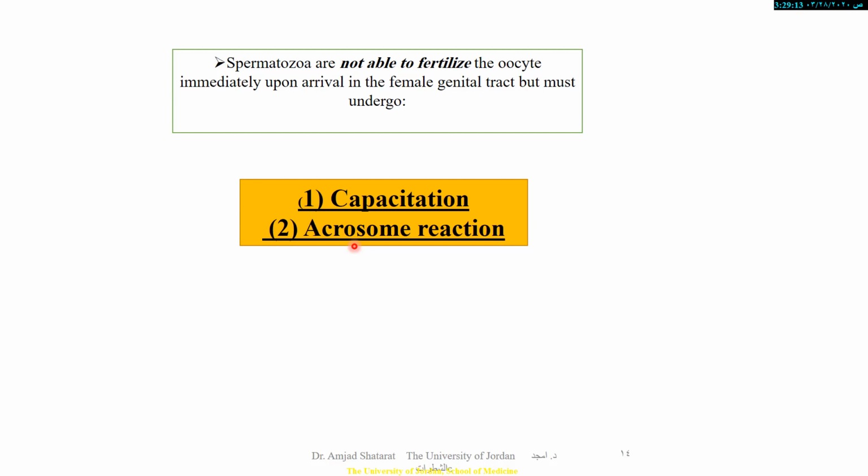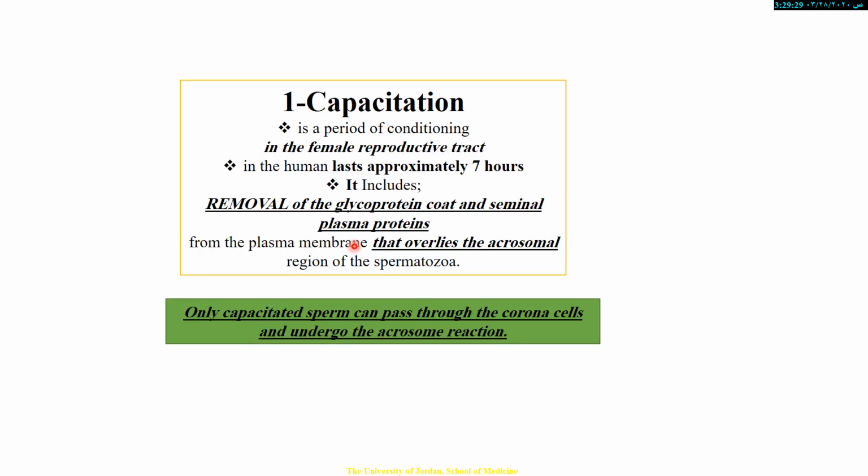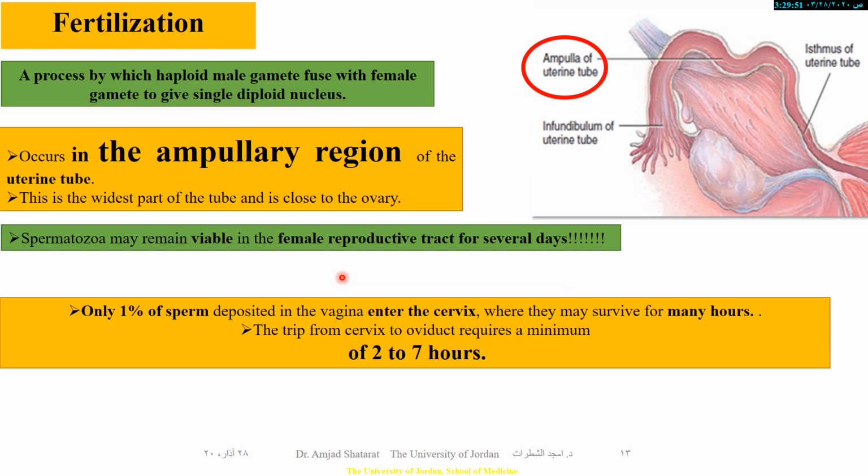Then the sperm needs to go through an acrosome reaction when it contacts the oocyte itself, to penetrate the zona pellucida and fertilize the egg. Capacitation is a period of conditioning in the female reproductive tract. In humans it lasts approximately 7 hours, and it includes removal of the glycoprotein coat and seminal plasma proteins from the plasma membrane that overlies the acrosomal region of the spermatozoon.